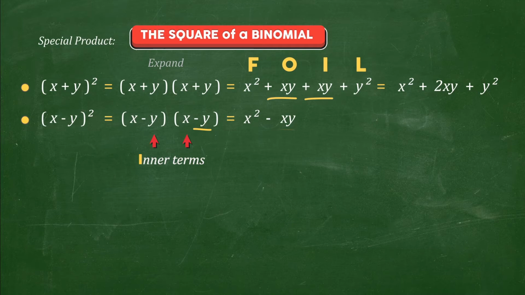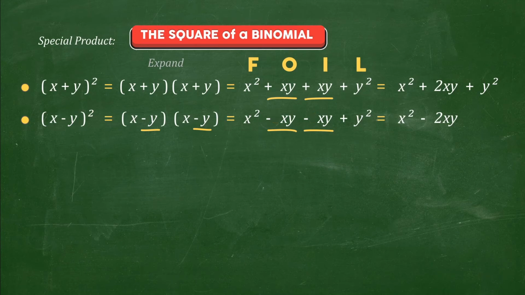Inner terms, negative y times x is negative xy. Last terms, negative y times negative y is positive y squared. As usual, we can combine the outer and inner. So we now have x squared, then negative 1xy minus 1xy is negative 2xy, and finally y squared.